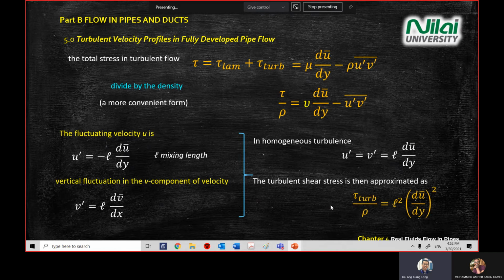So for your turbulent shear stress, there is an equation for that, and you can always refer to these slides when you want to find it. You take the turbulent shear divided by density equal to the mixing length, the length that mixes between laminar and turbulent, squared, times du over dy. Again, for du over dy, you take the velocity profile and differentiate with y, then you square it, and you get the turbulent shear stress in terms of per density.